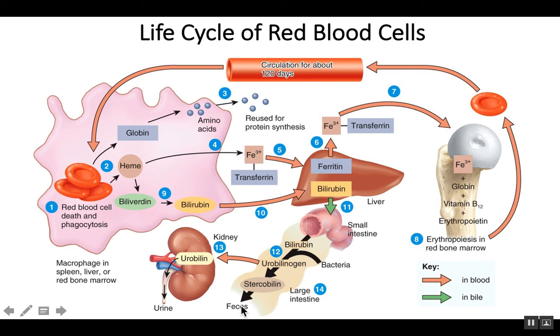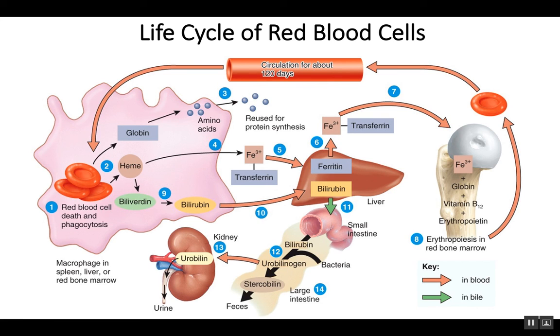So the color of feces is largely due to these metabolites eventually coming from heme. Some metabolites are reabsorbed into the body and then eliminated in urine. So ultimately, this heme molecule is removed from the body either as a metabolite in urine or a metabolite in feces.